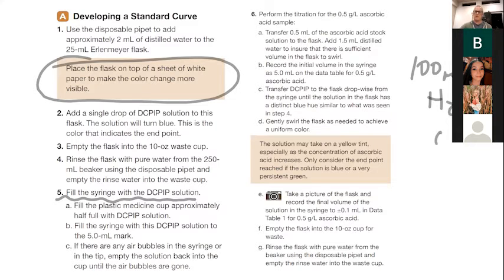I believe it's 0.1 grams in there. You add 100 mils, you shake it up, and basically you're going to just use that and then toss it when you're done. So we'll have a known concentration of DCPIP. So you fill the syringe up to 5 mils with that solution. It'll be nice and blue. Make sure you don't have any bubbles in it.